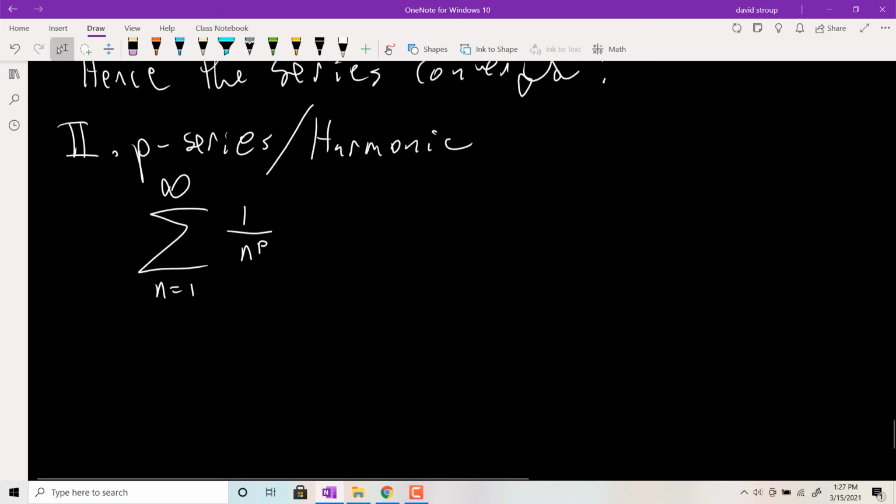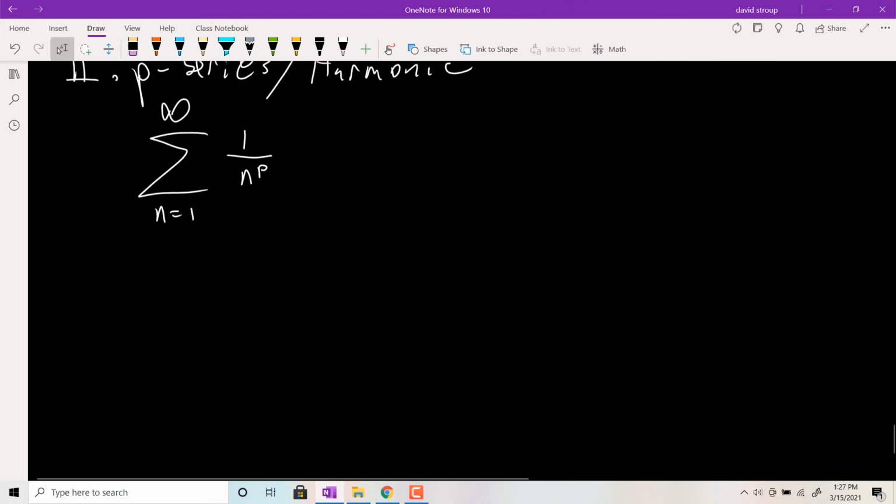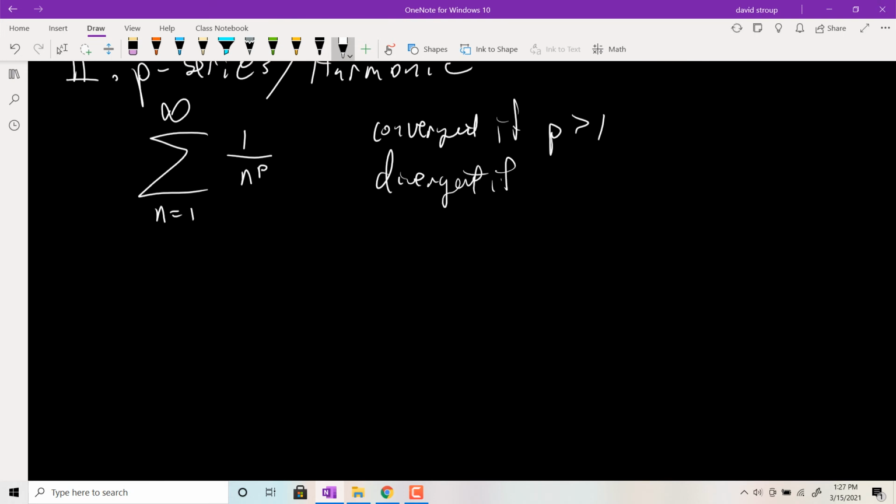Okay, so we claim that this thing is going to be convergent if p is greater than 1, and then divergent if p is greater than 0 but less than or equal to 1. So all you technically have to do is look at the p-value.